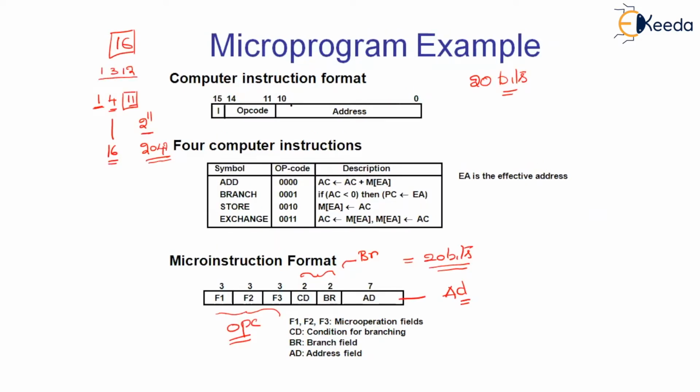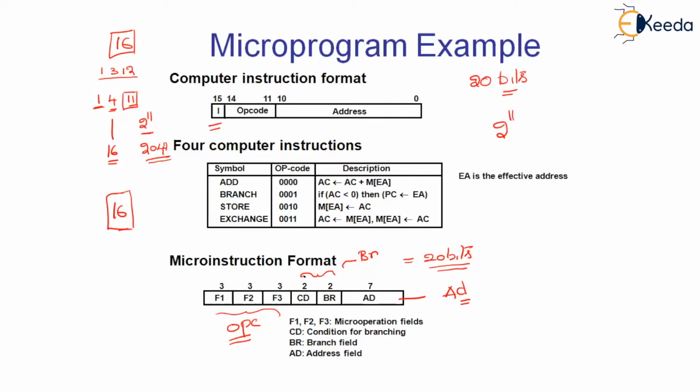The opcodes are in bits 11 to 14. Altogether, we have 4 opcode bits, which gives us a total of 16 opcodes, with each opcode having a corresponding micro routine within the control memory. And obviously, the most significant bit is for the indirect addressing mode if it is equal to 1. Otherwise, it's the direct addressing mode.